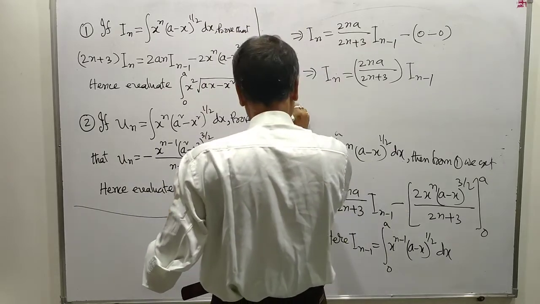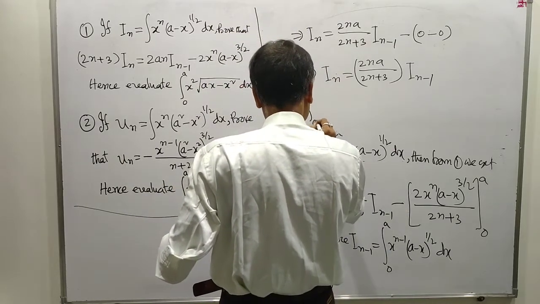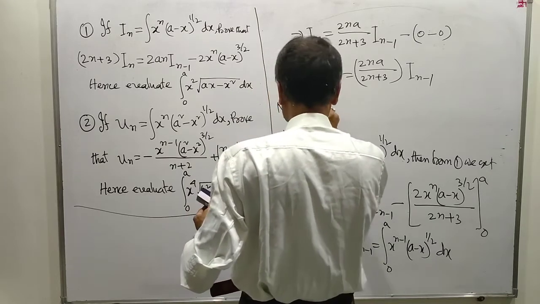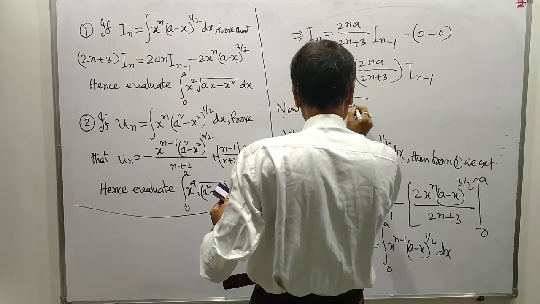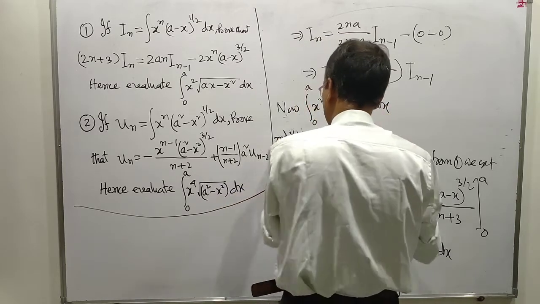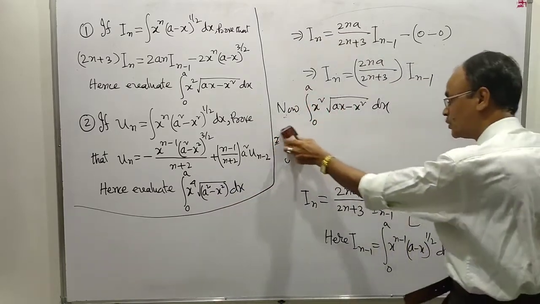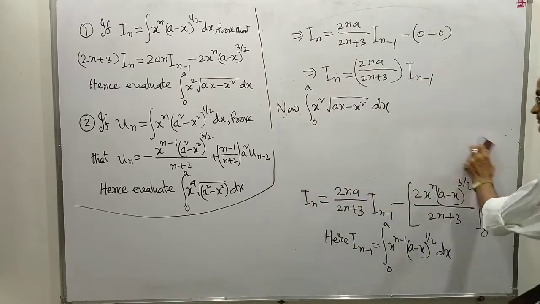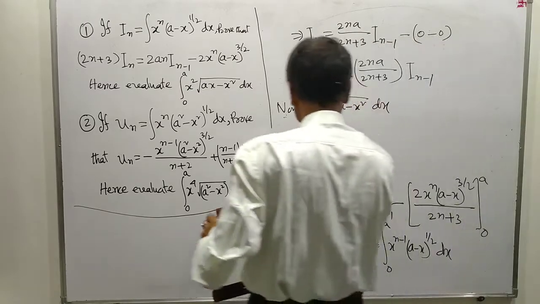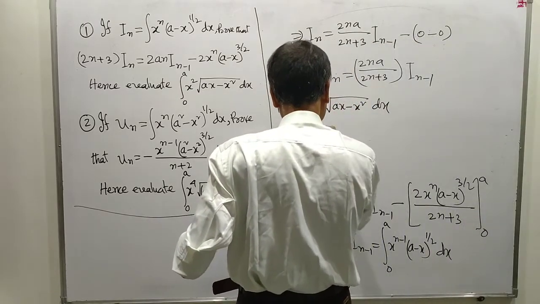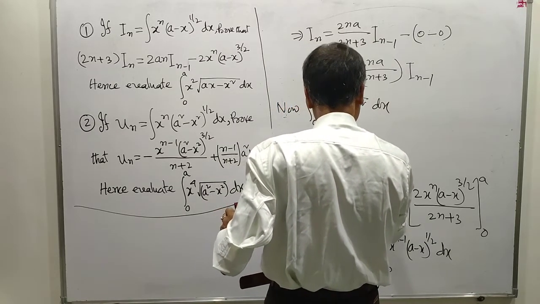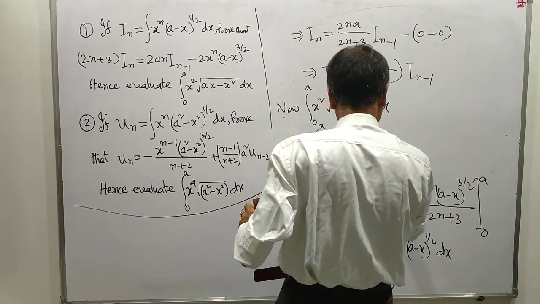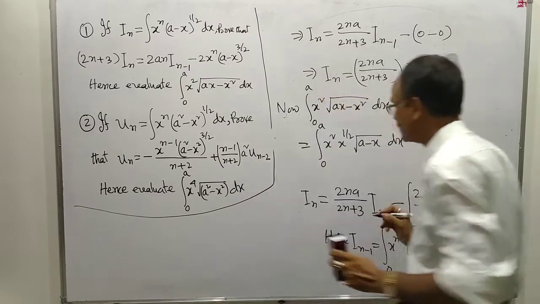Now, the integration from 0 to a of x square root of (ax minus x square) dx, we have to find this integral. This is equal to the integration from 0 to a of x square x to the power half root of (a minus x) dx. You may write like this.